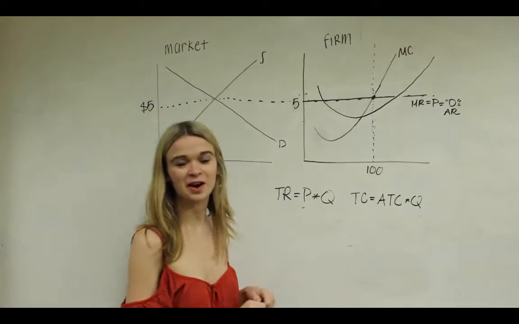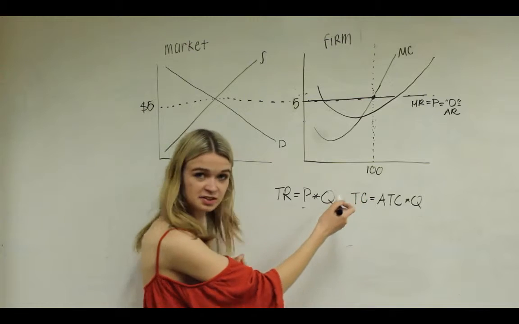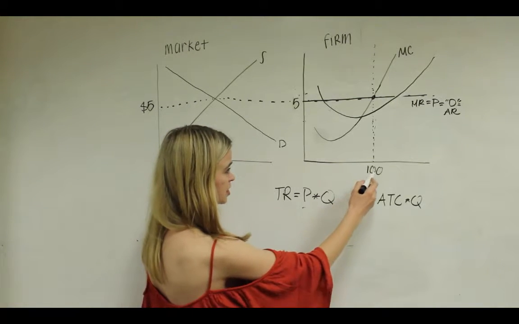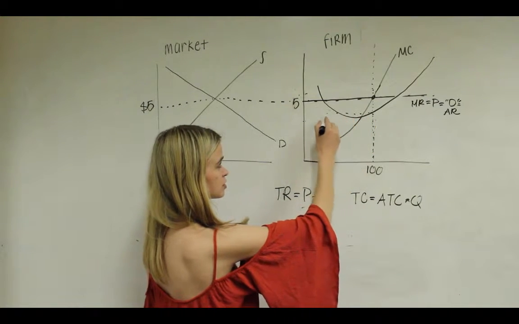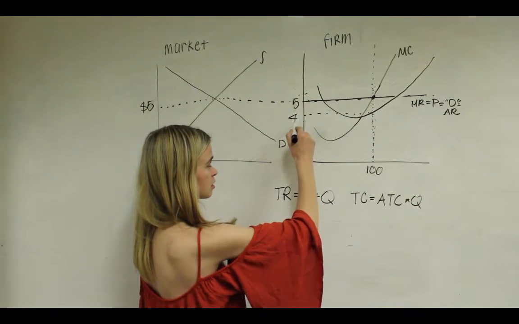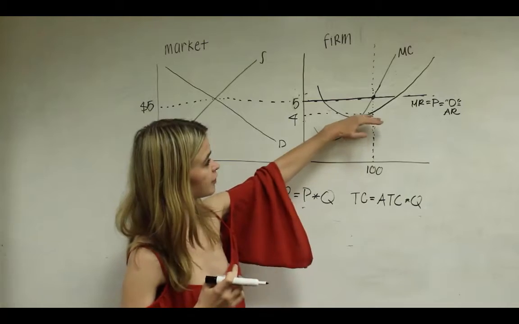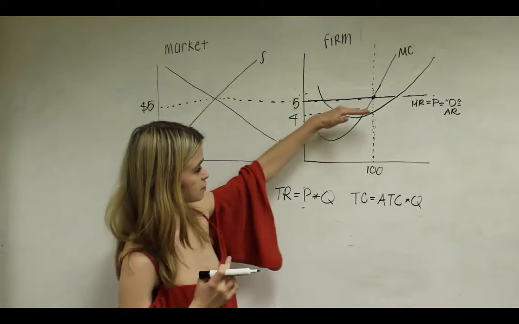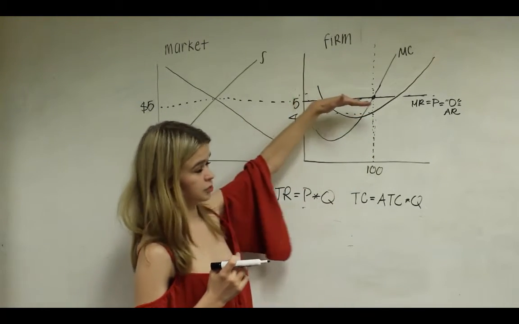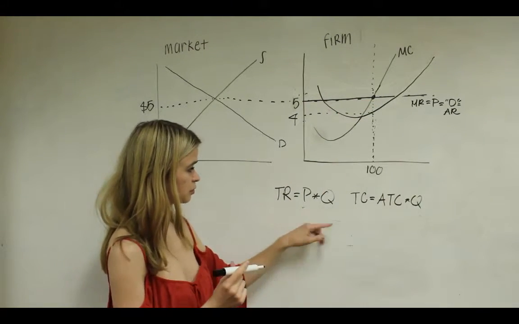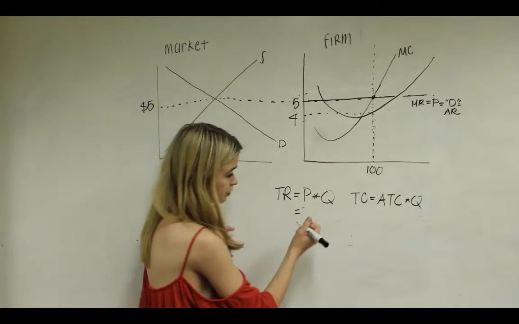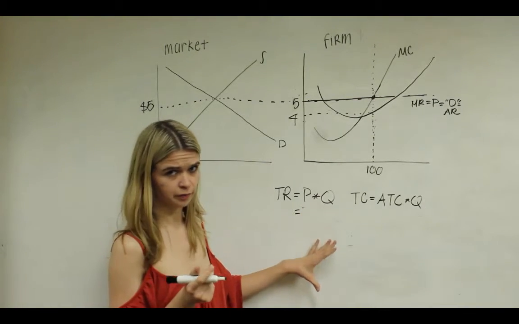So where does this output, 100, intersect our average total cost curve? So dragging this up one last time, and then over to the price, our average total cost is below our marginal revenue. And so let's represent this in equations. Total revenue, price times quantity. We've already done this calculation.